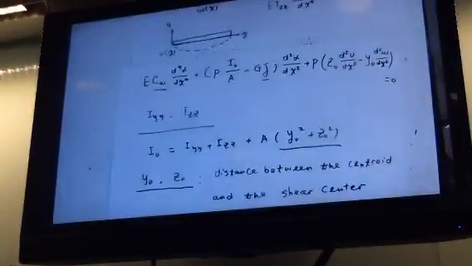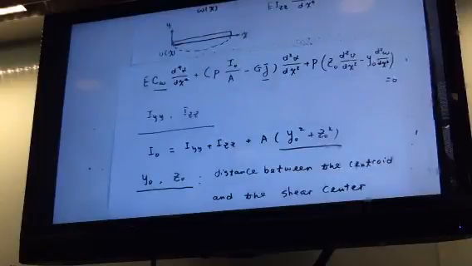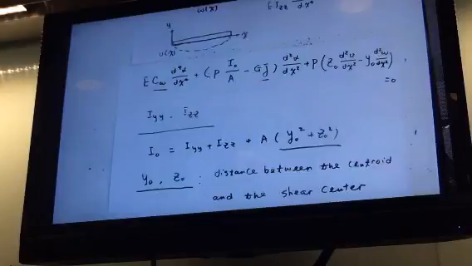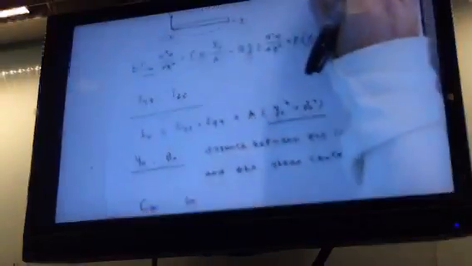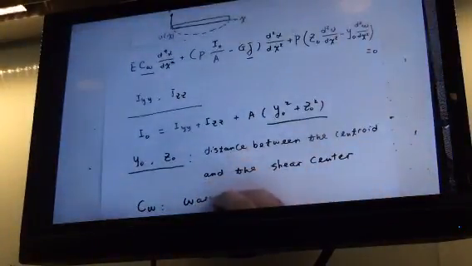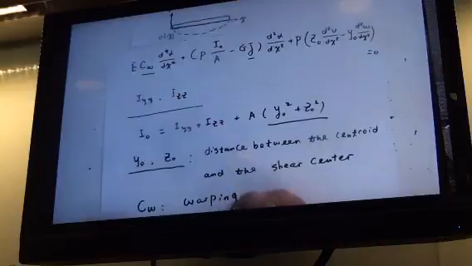And we have another one, C_W and G and J. G and E are moduli, so that is for sure. And P is a loading, so we only have C_W and J to identify. C_W is the so-called warping coefficient.